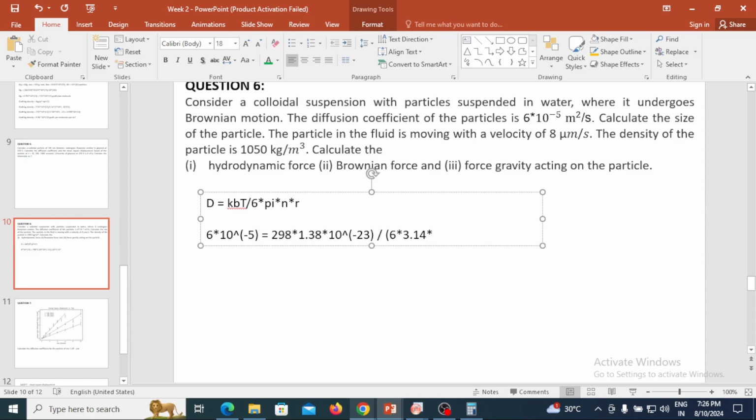Viscosity, water, so you can take it as 0.001, times R. R is nothing but the radius of your particle that you are supposed to calculate.